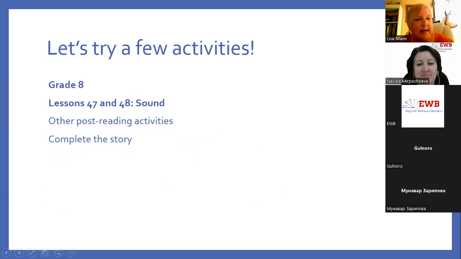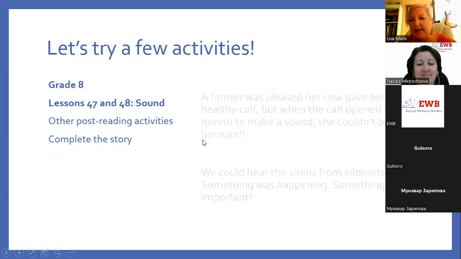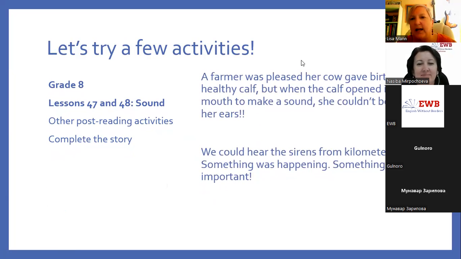In grade 8, lessons 47 and 48 are on sound. In the post-reading activities in the idea book, we have this activity in which students have to write a story. This story begins, for example: a farmer was pleased that her cow gave birth to a healthy calf.